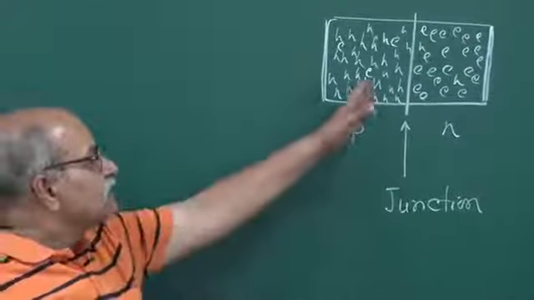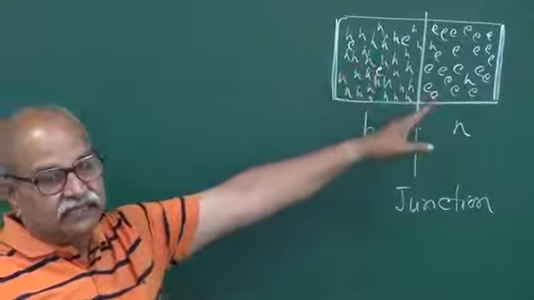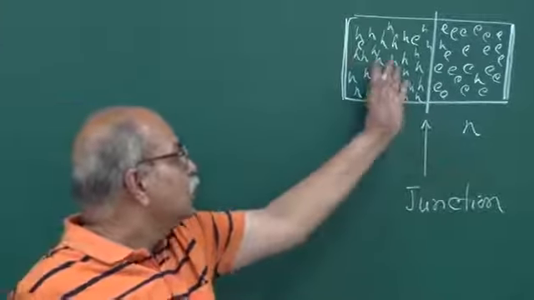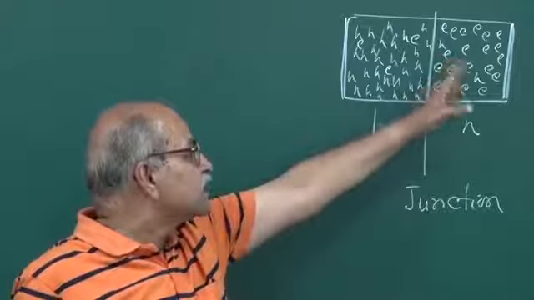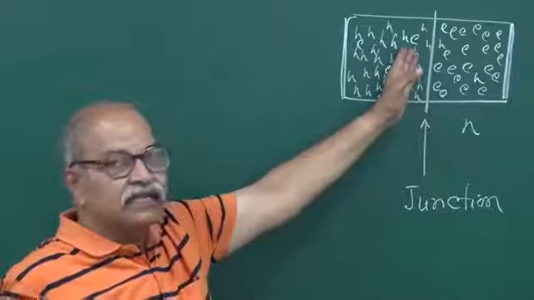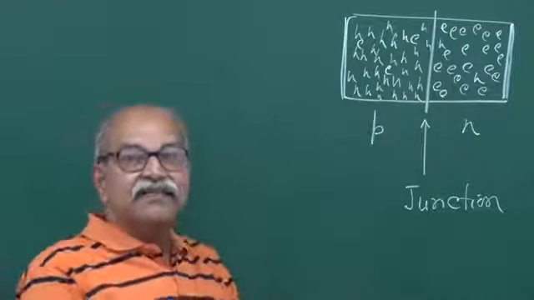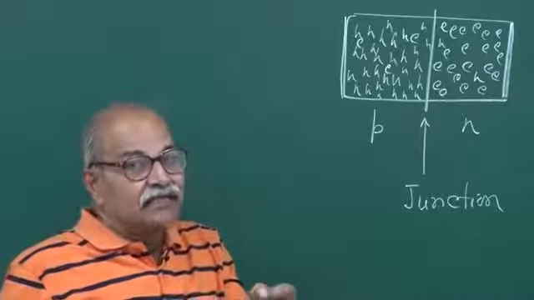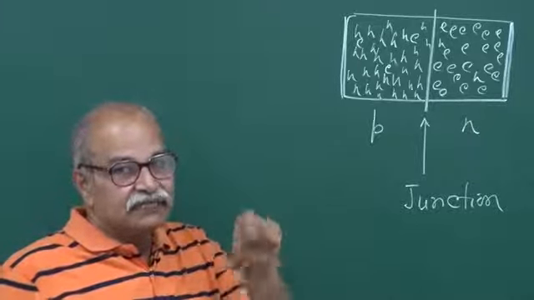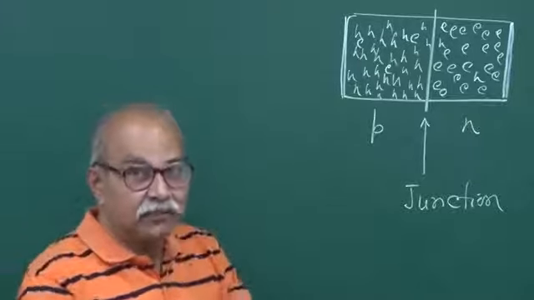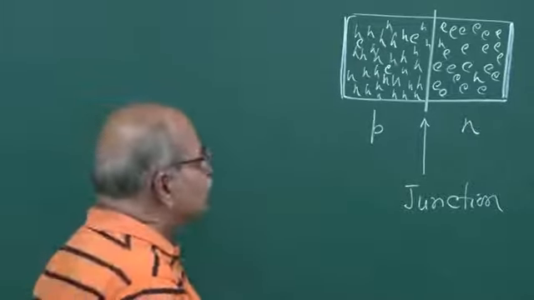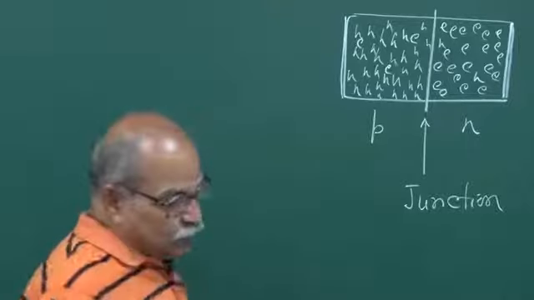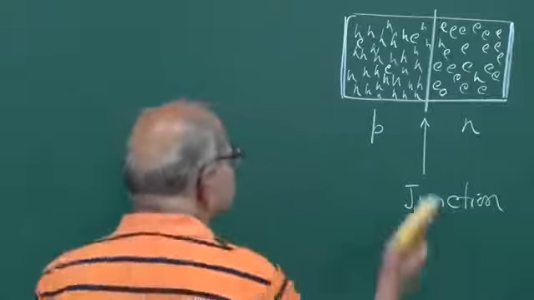Then we said that because of this concentration gradient, these holes will diffuse to this side and electrons will diffuse to this side, and they will nullify each other. This electron will fill the hole, and then the hole will disappear, the electron will disappear, it will be a bond only. And in that situation, you get this depletion region.